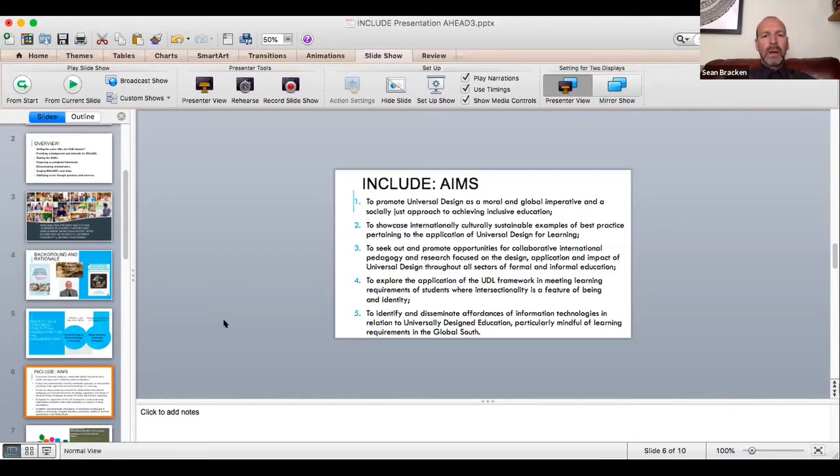So the goal number 4, to explore the application of the UDL framework and meeting learning requirements of students where intersectionality is a feature of being and identity. And finally, to identify and disseminate affordances of information technologies in relation to universally designed education, particularly mindful of the Sustainable Development Goals and being mindful of the requirements of the Global South.